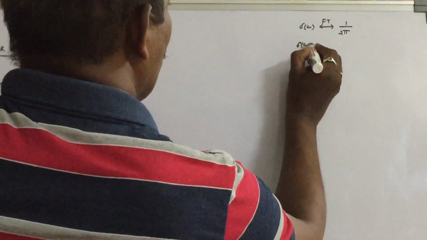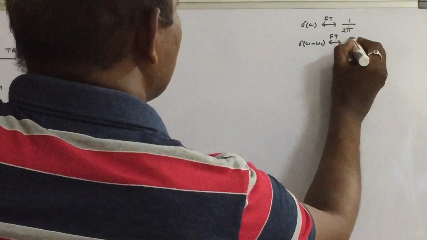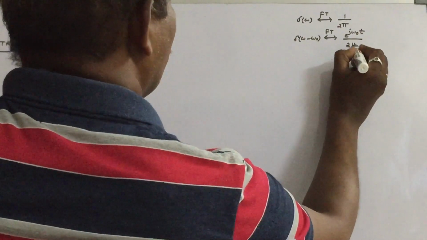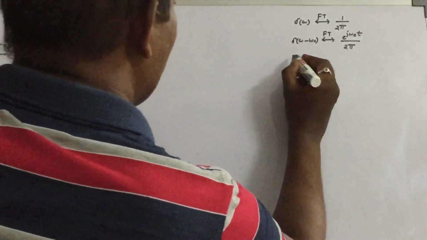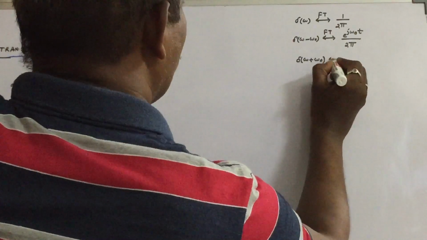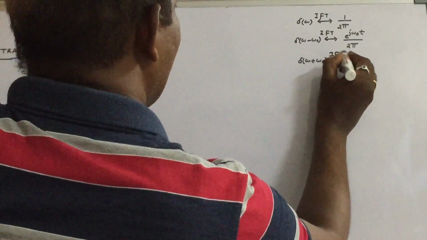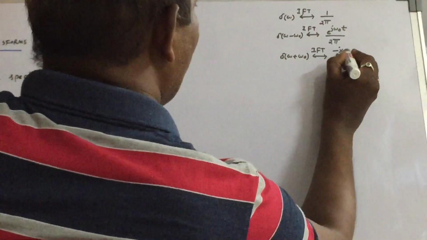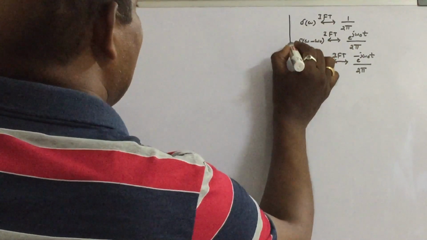The inverse Fourier transform of del of omega minus omega naught is e power j omega 0 t by 2 pi. And the inverse Fourier transform of del of omega plus omega naught is e power minus j omega 0 t by 2 pi.